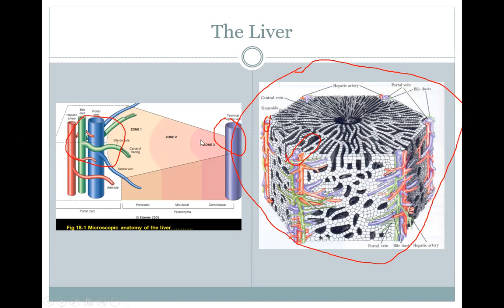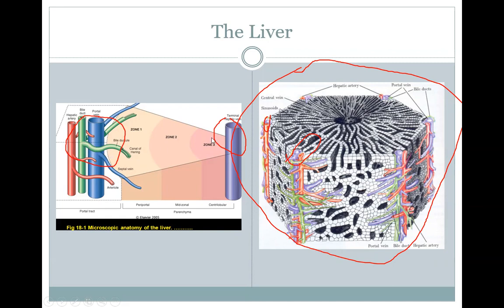Now, the zone in the middle of the lobule is zone number 3, which is the pericentral zone, surrounding the central vein. It is the area most distal to the portal triad, which makes it the least oxygenated.